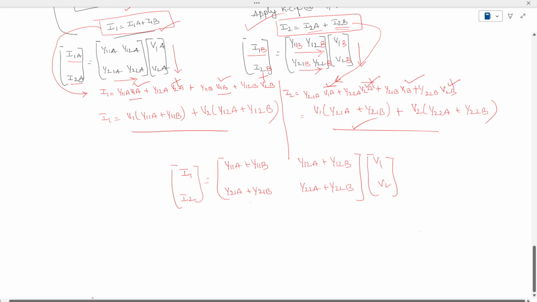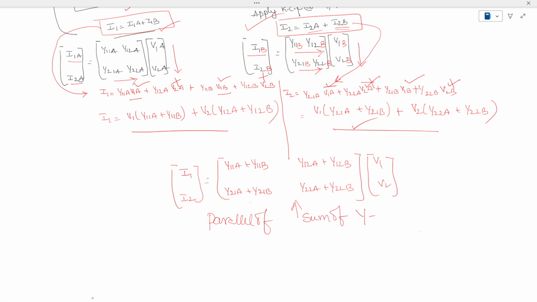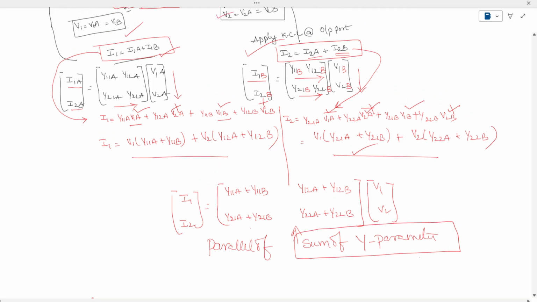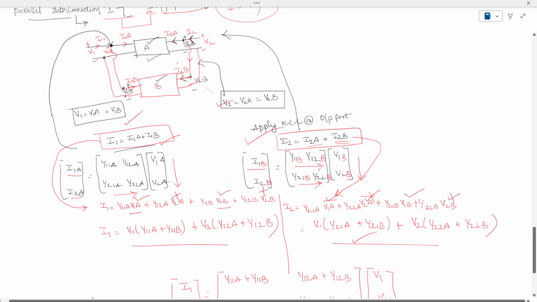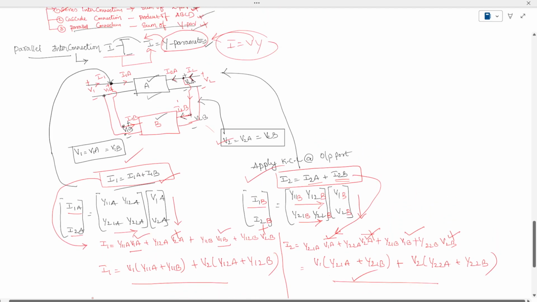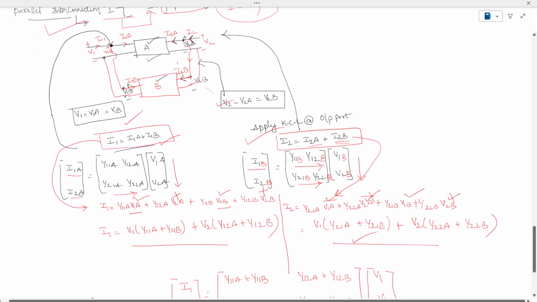So in parallel connection, this is nothing but the sum of y parameters.